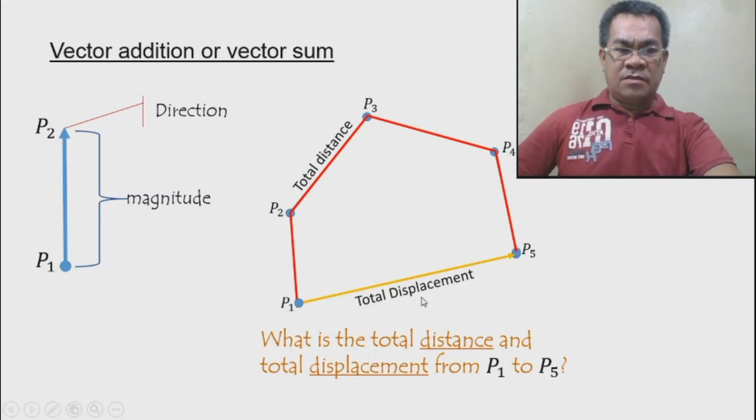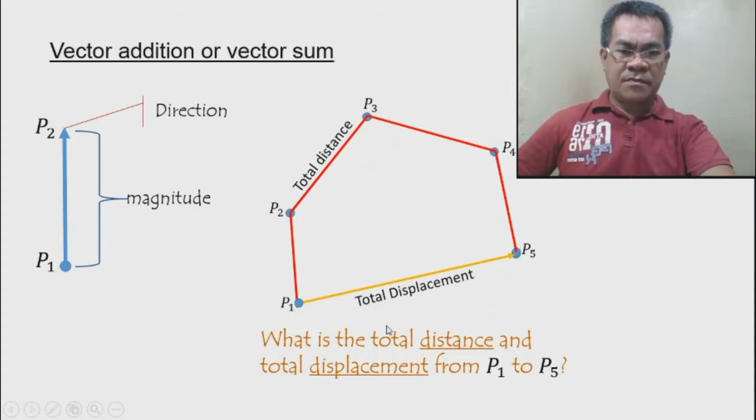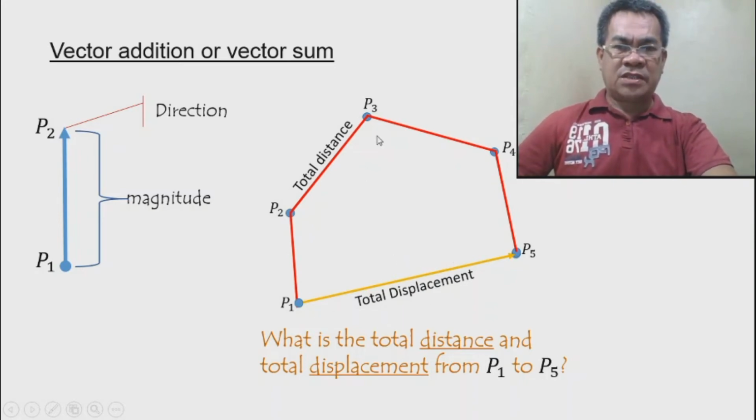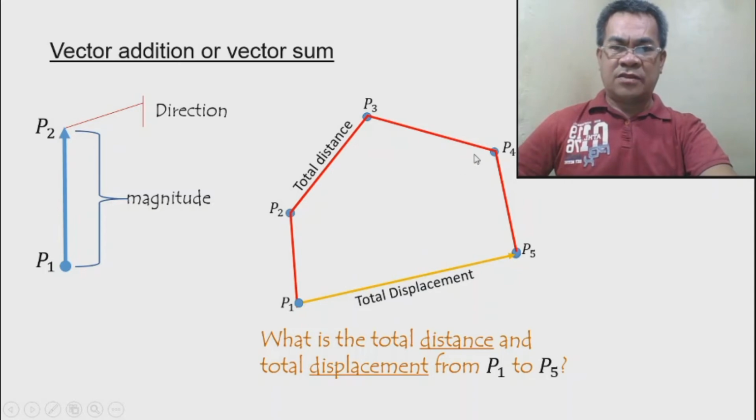So all you need to do in order to answer this one is use geometry. When you see geometry, you will be dealing with triangles. You have to break this into several triangles. For example, write a line that connects this one. So this polygon, a 5-sided polygon, can create 3 triangles.